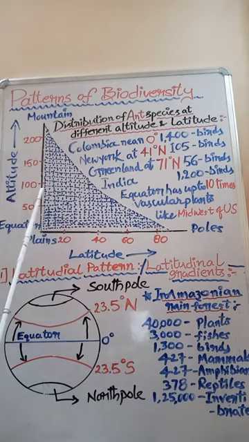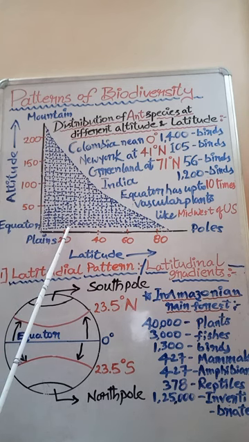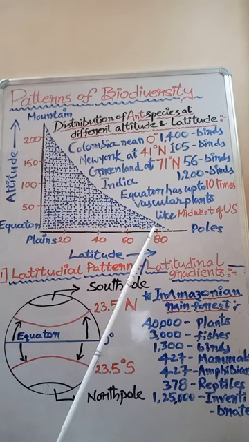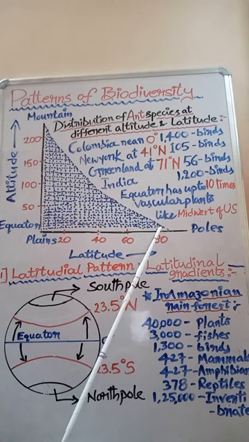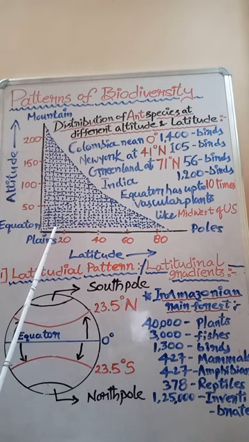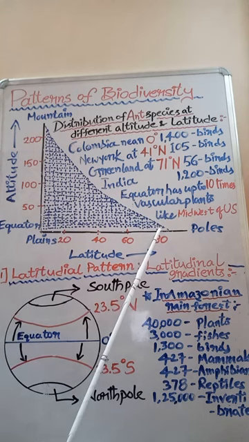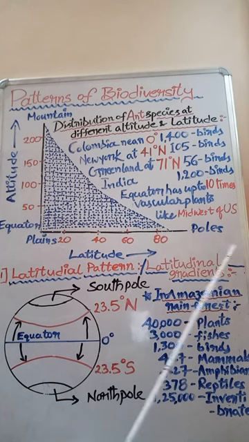It indicates that more species of ants are present at the equator and plains where there is low altitude and low latitude. But if you see 80 degrees, the species count of ants is less compared with low latitude, towards poles.